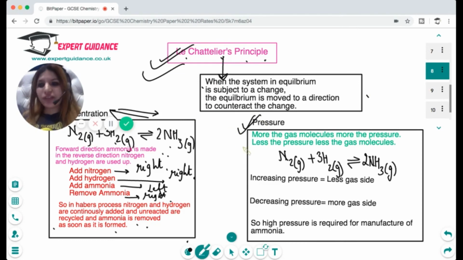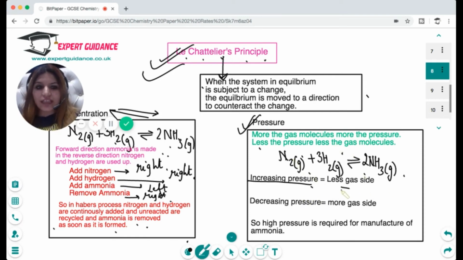Now for the pressure, there's a rule. More gas molecules, more pressure; fewer gas molecules, less pressure. So on this side, more pressure is on the left side because it has 4 moles of gases, and less pressure is on the right side. So if you increase the pressure, what will the system do according to Le Chatelier's principle? It will move the reaction to the less pressure side.